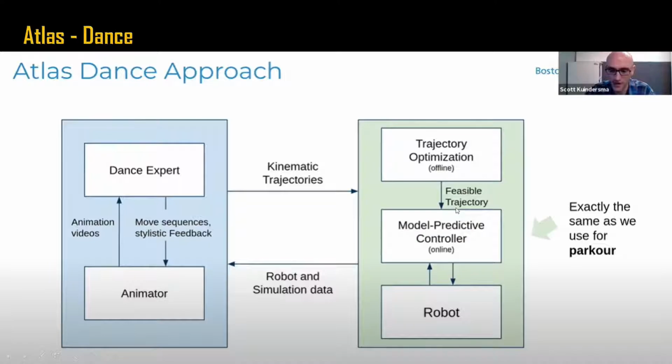We saw the model predictive controller, the online optimization method, and then the offline trajectory optimization method, which gives us a feasible trajectory, and then this is fed to the robot. This is exactly the same as we use for parkour, and that is why we don't need to talk again about this.